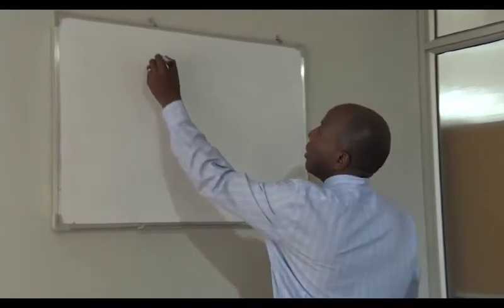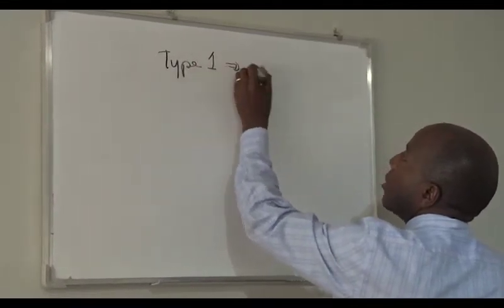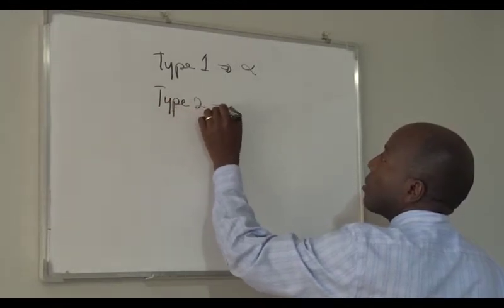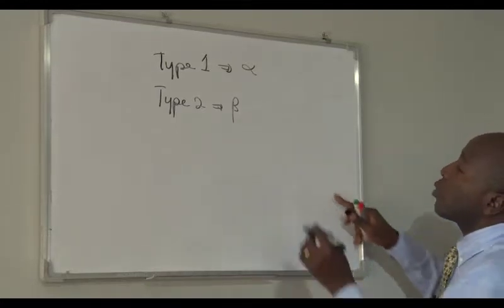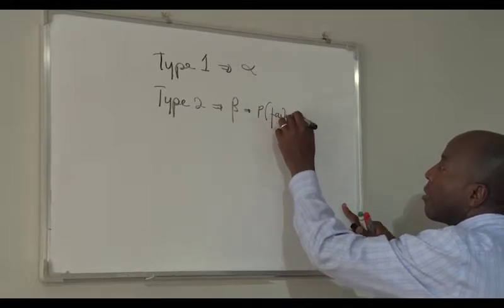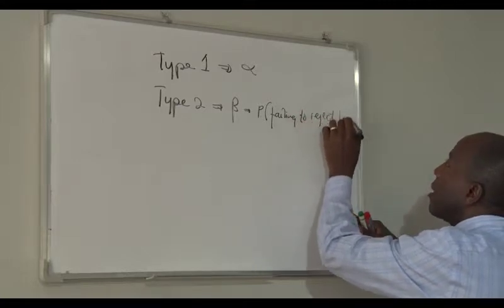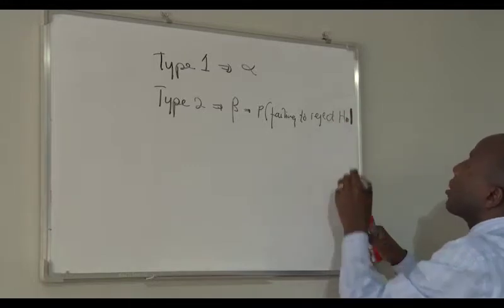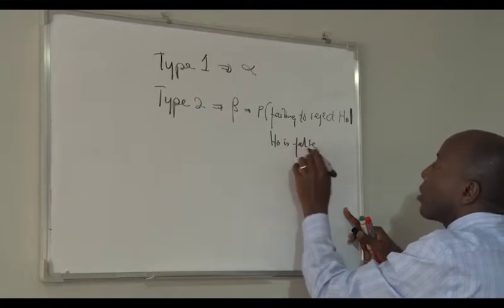type 1 is represented by alpha. Type 2 is represented by beta. So beta, which is type 2 error, is the probability of failing to reject the null, given that the null is false.